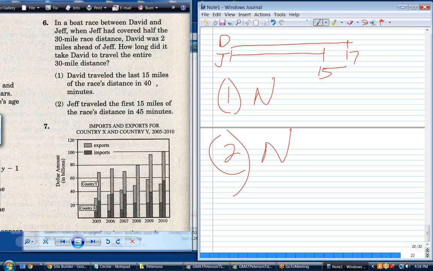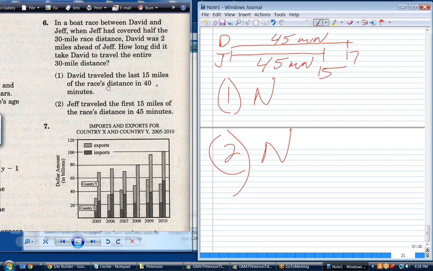So we don't know. The question is both combined. So it took Jeff 45 minutes to do that first 15 miles, which means it took David 45 minutes to do 17 miles.